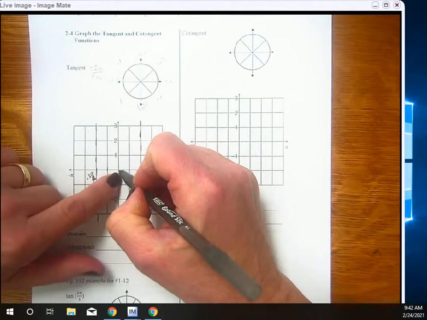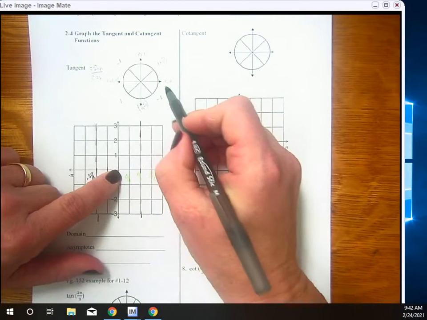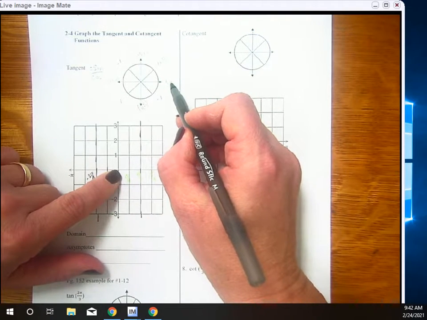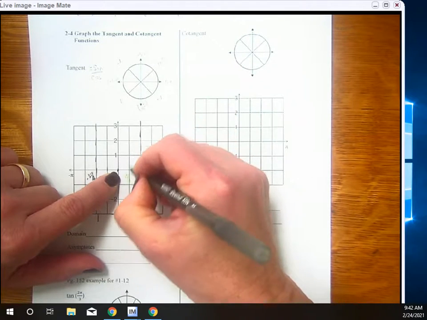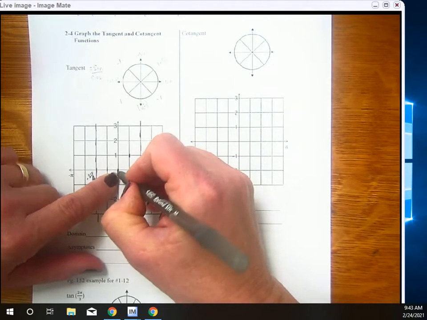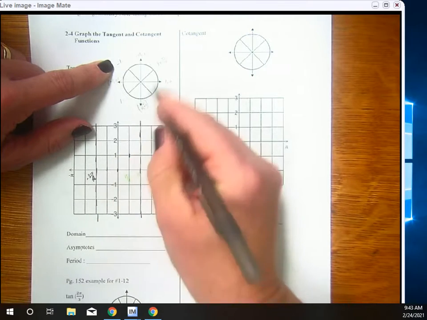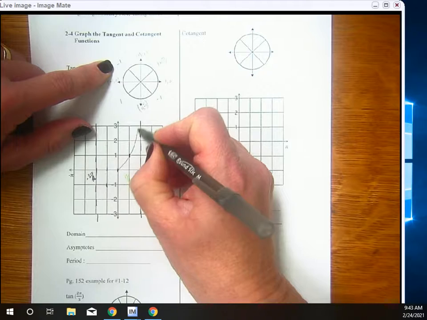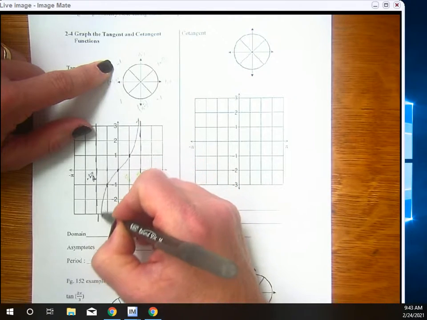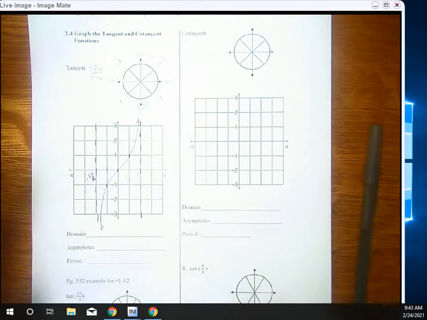At 0, 0 divided by 1 is 0. At pi over 4, we're at 1, and at the negative, we're down here at -1. So our graph is going to go up the side and down below. And there is your tangent graph.